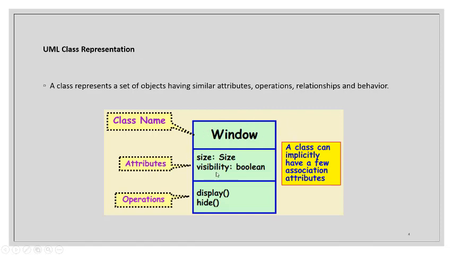The attributes and operations are omitted in that case. Sometimes you have only the data members of the class, but you don't have any information about the operations of the class. So at that time you will draw only the first two compartments, do not draw the last one. So that's why there are so many representations of the classes.